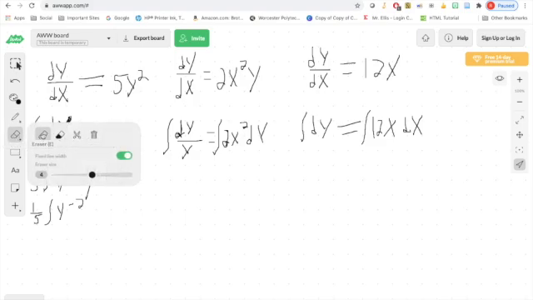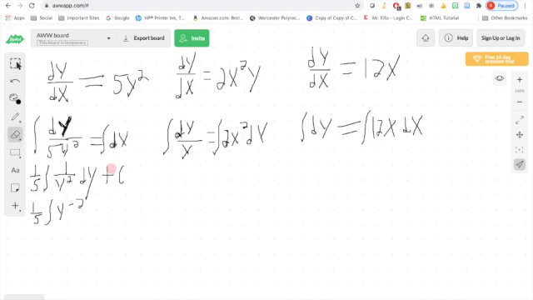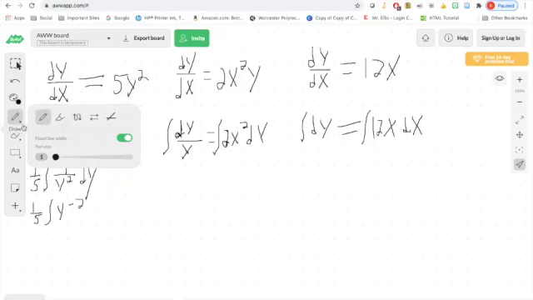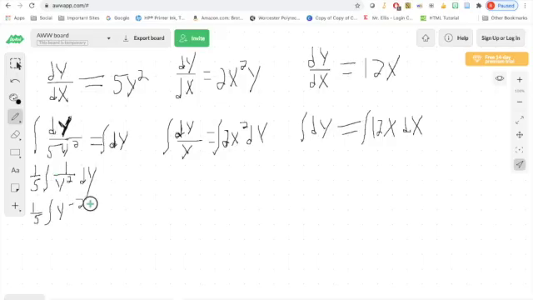So just to clarify that, I'm going to erase that from here. The plus c only comes in after we have finished up our integral. That might make it look like we have a plus c in the integral. Just realized that. Sorry about that. I'm going to get rid of that for now to make this more clear. So we now have 1/5 times the integral of y to the -2nd dy.